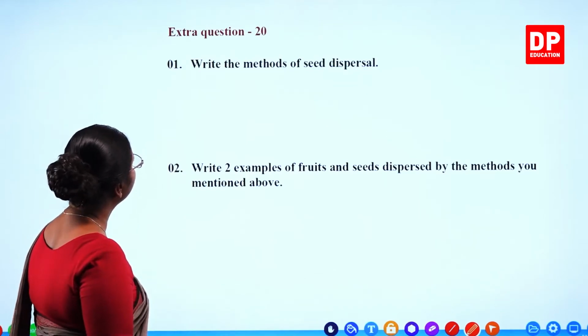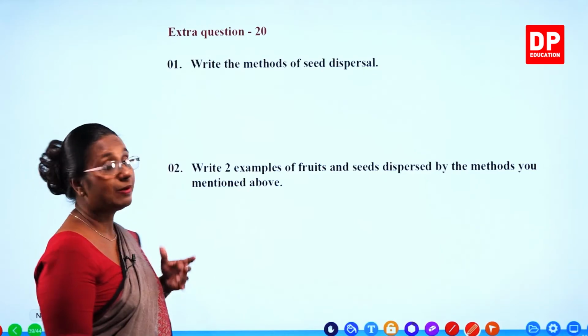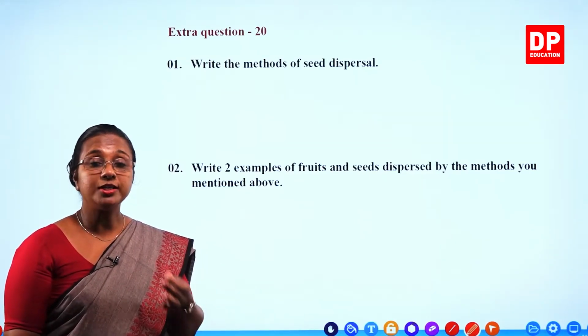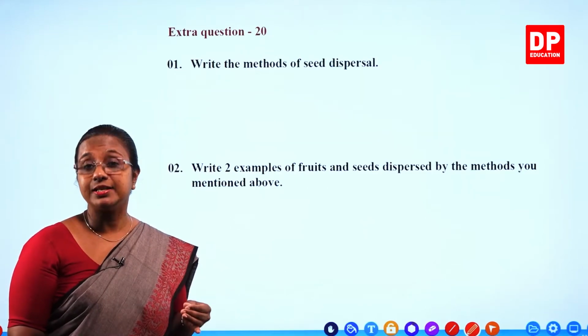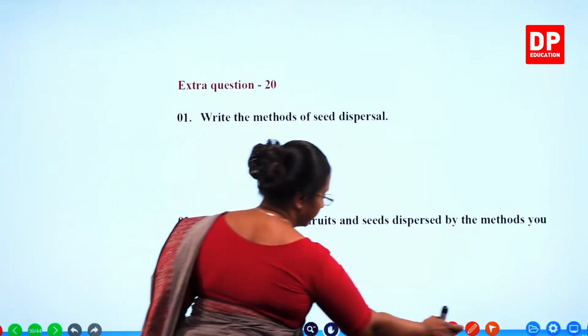Extra question 20. Write the methods of seed dispersal. What are the methods of seed dispersal? By wind, by water, by animals and by explosive mechanism. You can write it in any order, students.